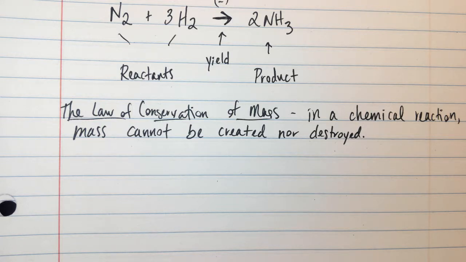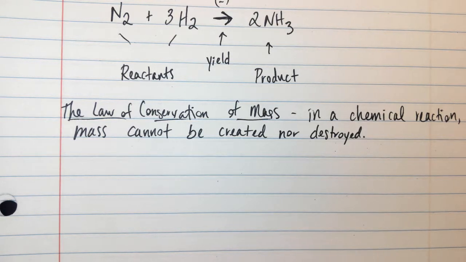Because the amount of atoms that you have are not going to change. No matter what I start with, I'm going to finish with it, but they might become something else.